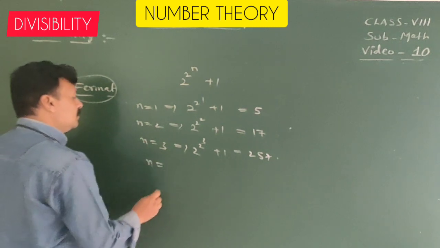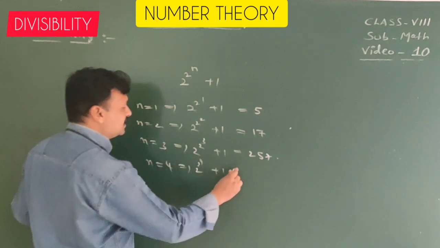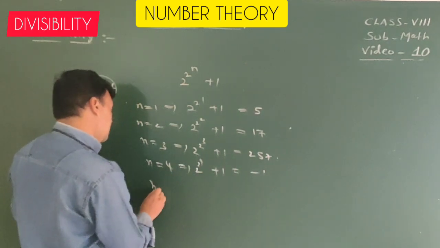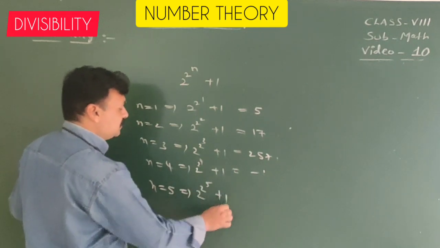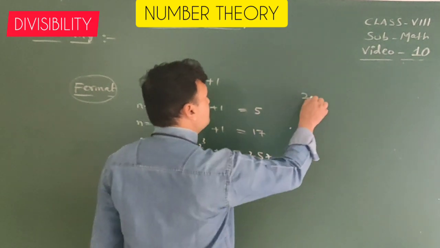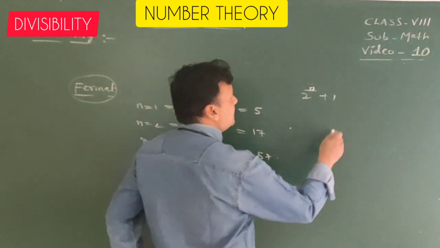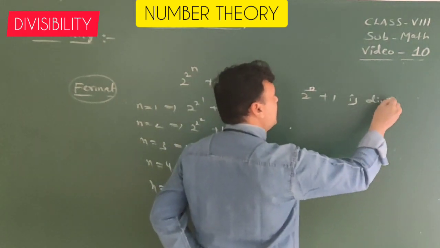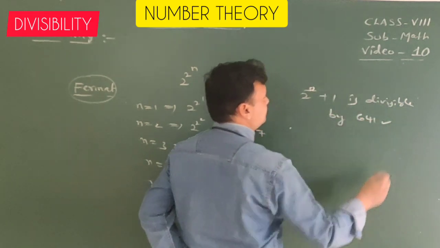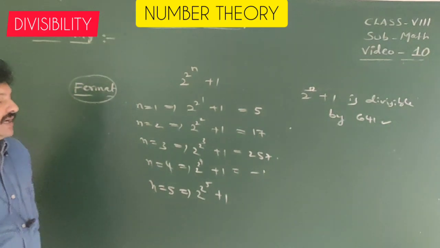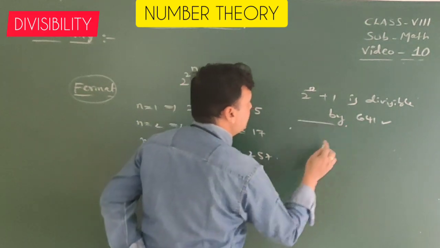For n equal to 4, 2 power 16 plus 1 is also a prime. But for n equal to 5, 2 power 32 plus 1 is divisible by 641. That's why this was disproved, and this was proved by Euler.